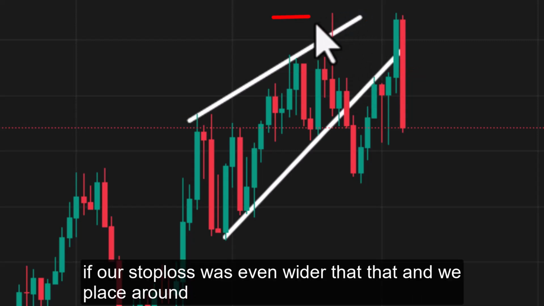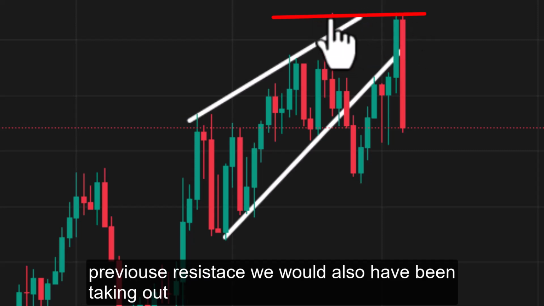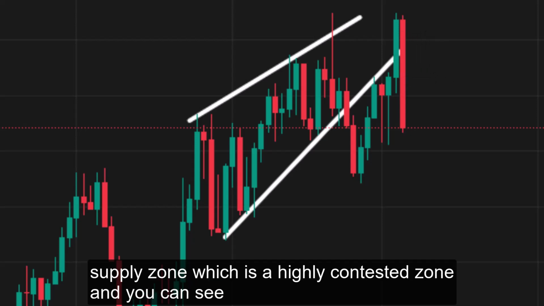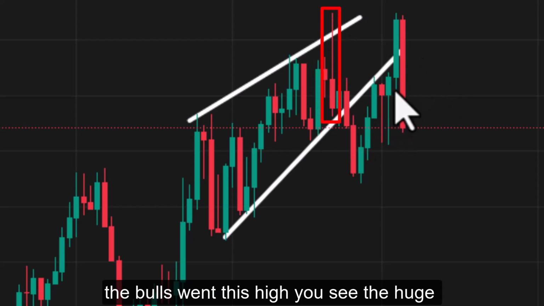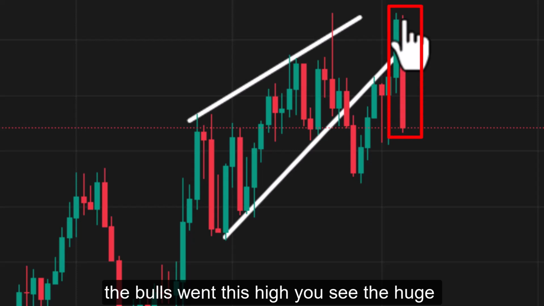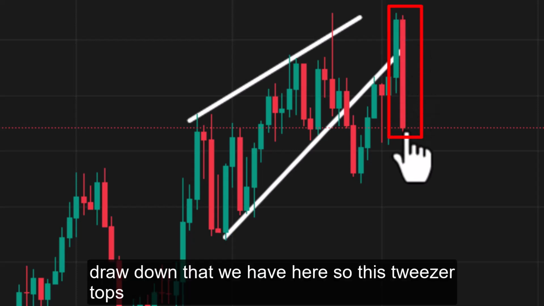And if our stop loss was even wider than that and we placed it around this previous resistance, we would also have been taken out. This is the supply zone, which is a highly contested zone. And you can see how our price was rejected here. And after the bulls went this high, you can see the huge drawdown that we have here.